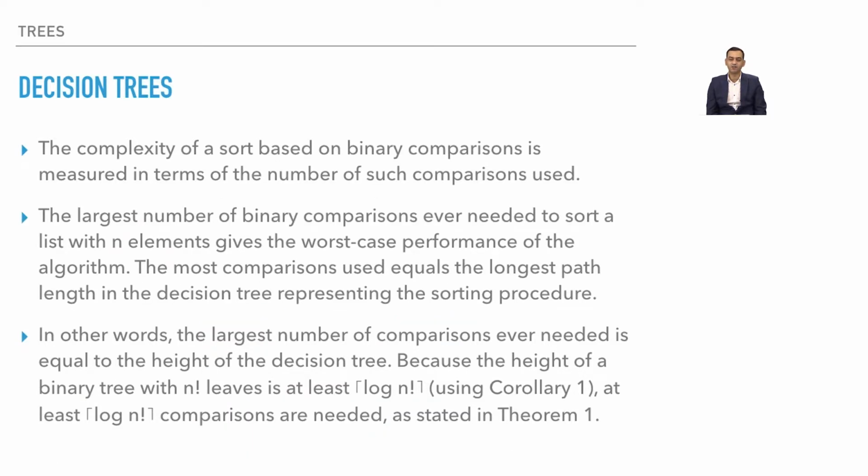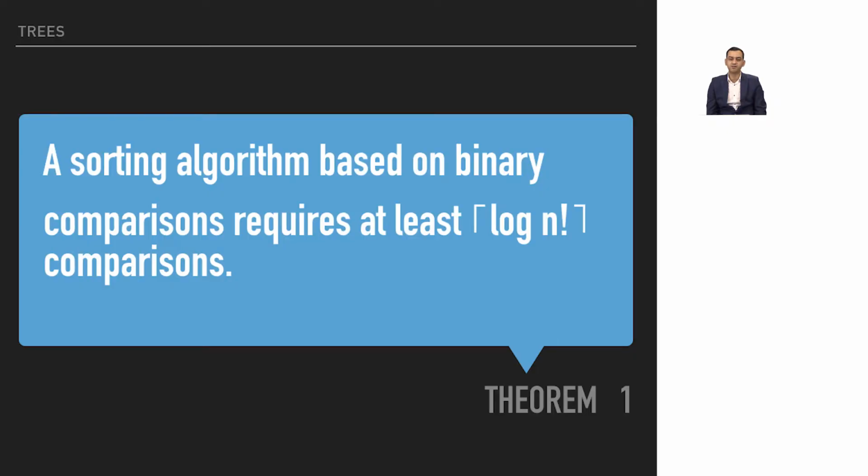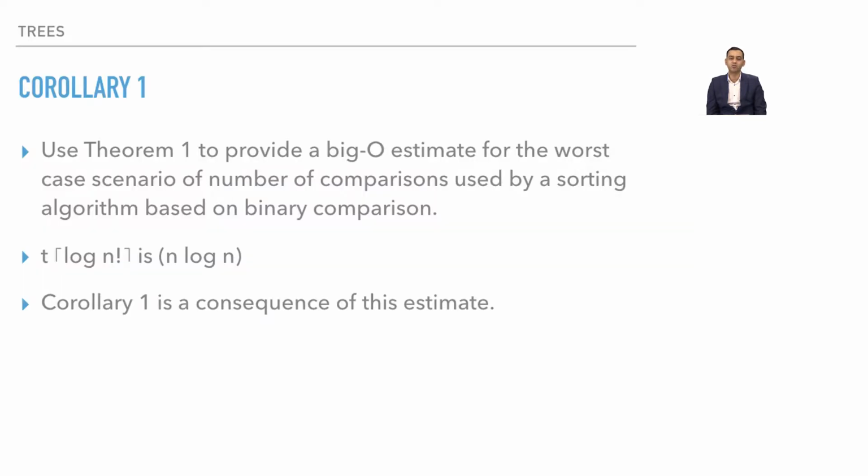A sorting algorithm based on binary comparisons requires at least log n factorial comparisons. We can use Theorem 1 to provide a big O estimate for the worst case number of comparisons used by a sorting algorithm based on binary comparisons.